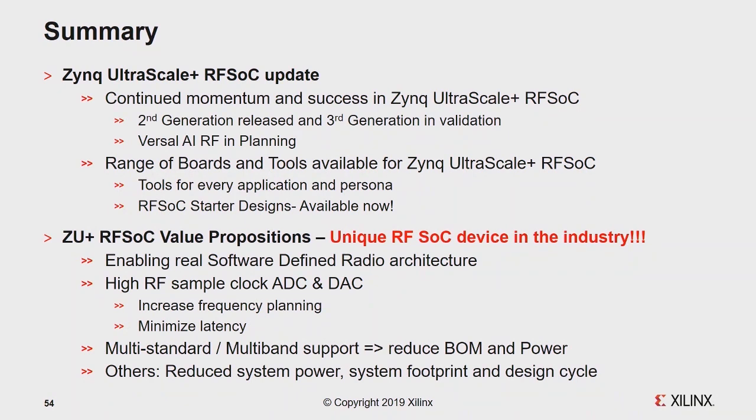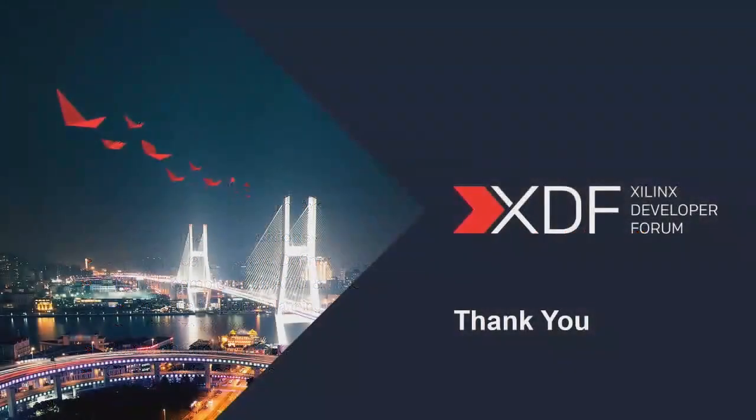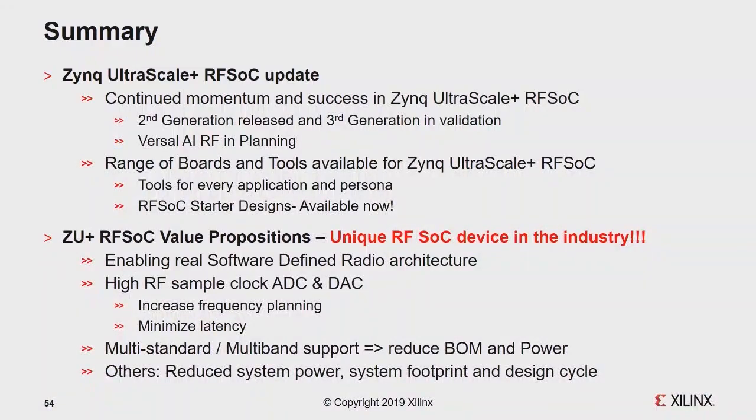So here is our summary from the data sheet. Our RFSoC keeps investing. We have Gen 1, Gen 2, Gen 3, and Gen 1 and Gen 2 are in production. Gen 3 is in evaluation. If you want to take a look at it, you can go to our demo booth. We have our Gen 3 demonstrating our Gen 3 performance. And then we have a lot of boards and kit support.